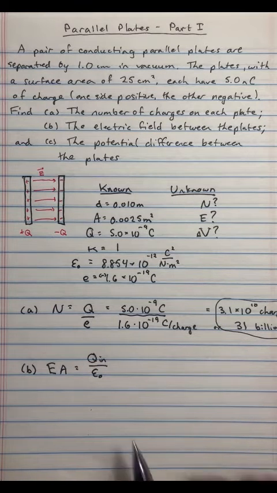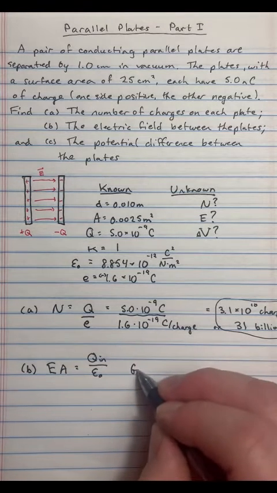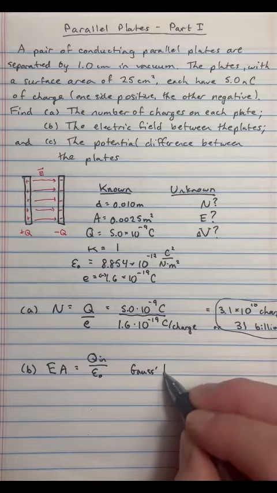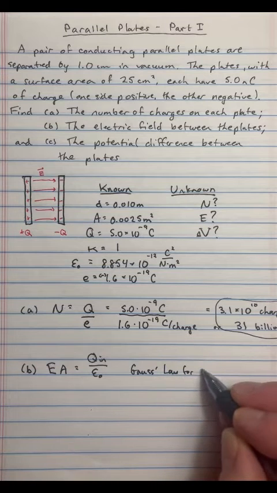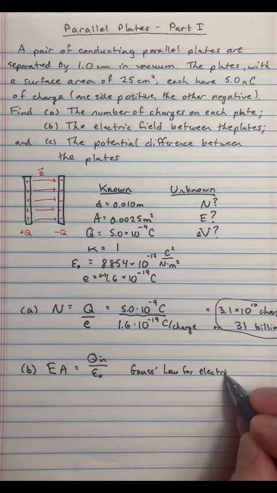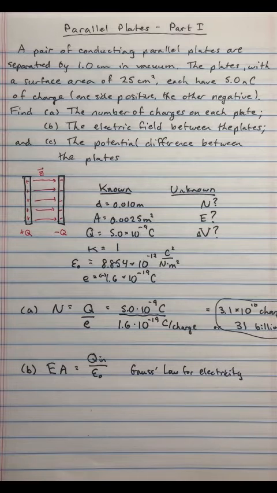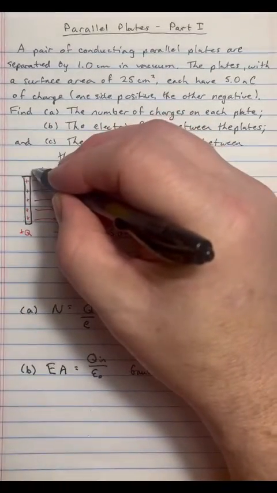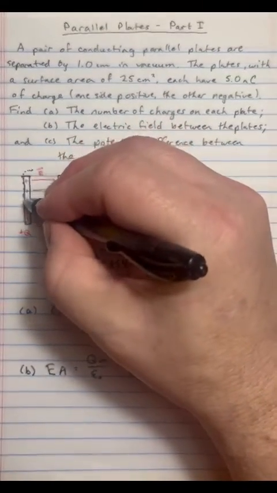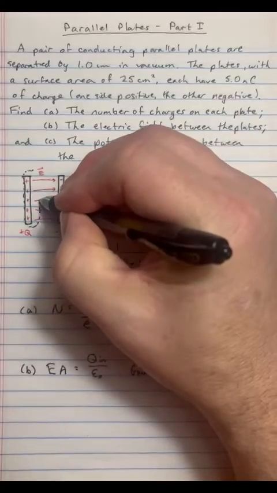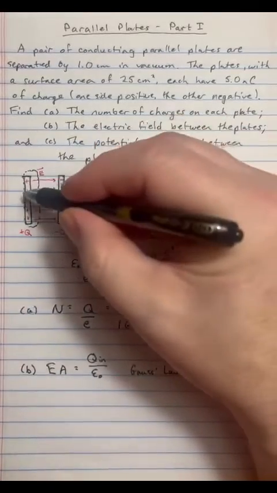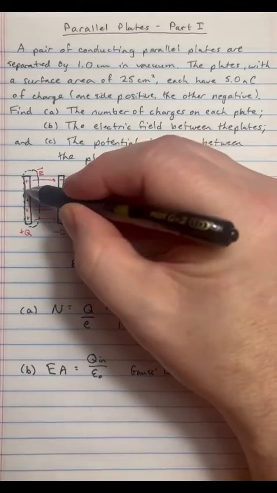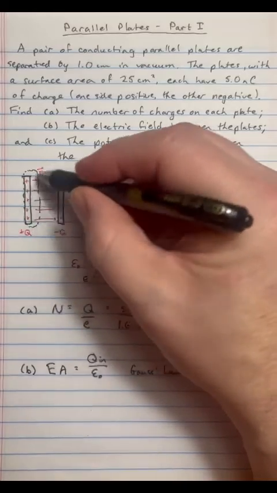Now, we're using vacuum, so epsilon naught is perfectly legit here. So this is Gauss's law for electricity. Now, in order to apply Gauss's law, you need a decent amount of symmetry. Let's imagine we were to sketch a little pattern like this right here, and then ask, what's the amount of charges passing through this volume of space?